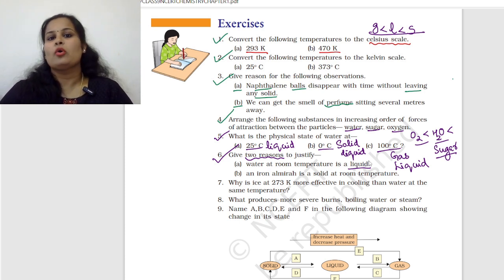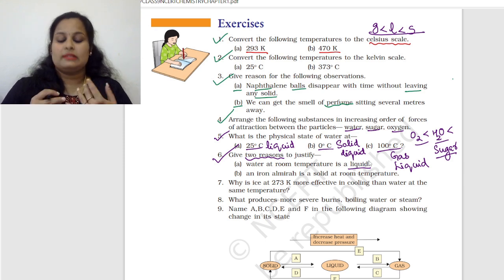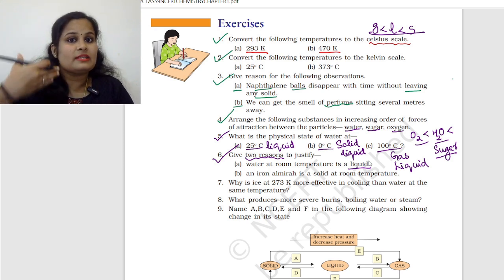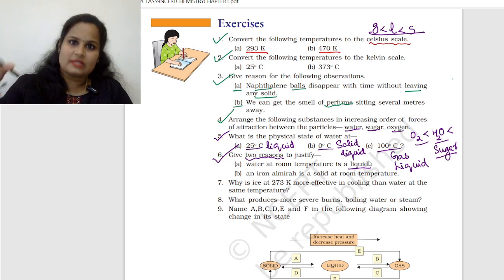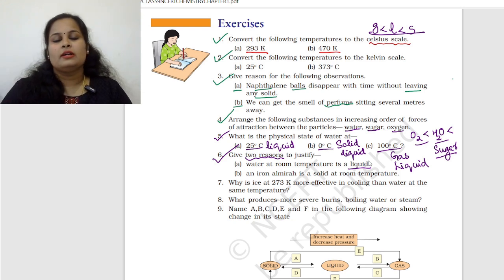In other words, water is said to be liquid because it has all the characteristic properties of any liquid. It is a fluid, it has the tendency to flow, right? And the particles have enough space in between them. That is why they are easily transferred from one container into another.